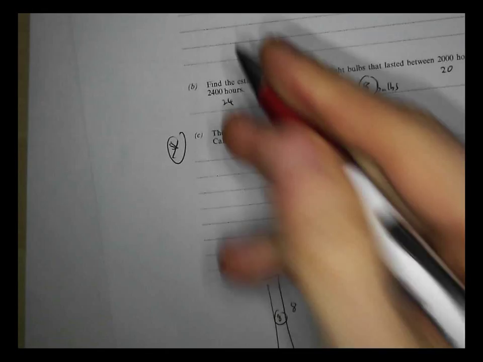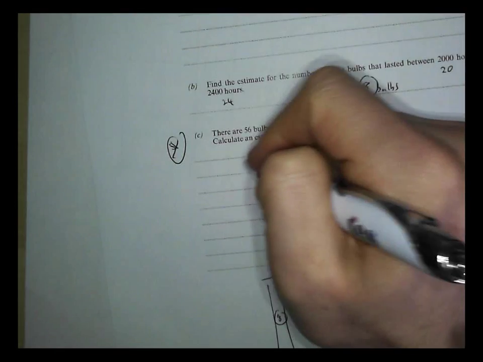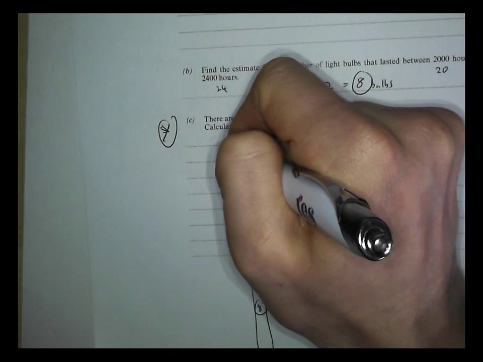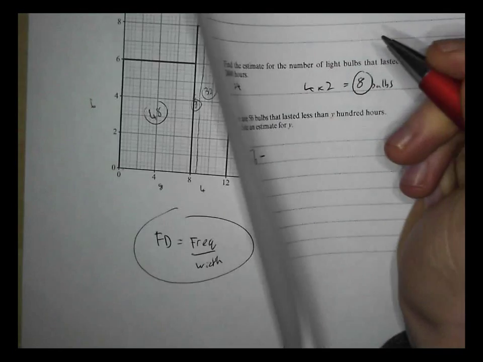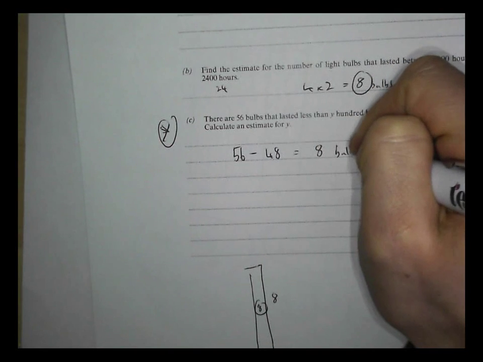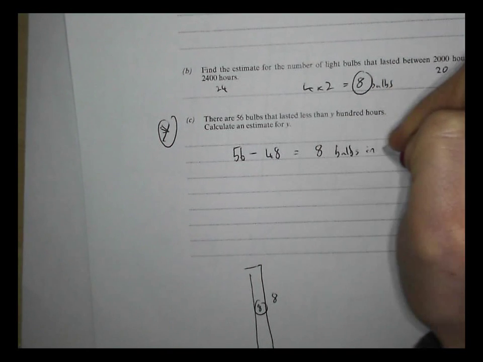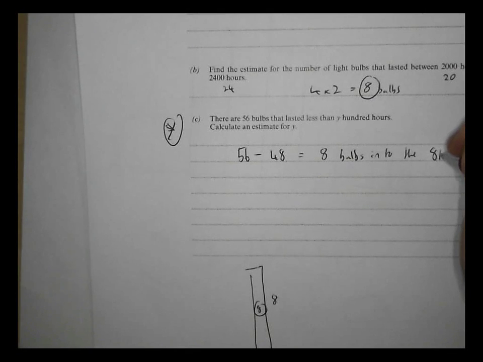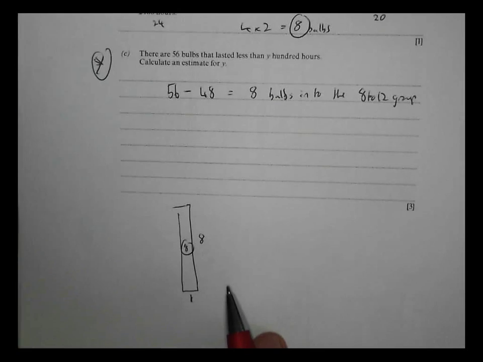So I reckon, with that working out there, and I'm going to just spell it out a little bit, I'm going to say something like 56 bulbs, take off 48 bulbs, equals 8 bulbs into the 8 to 12 group. And then I've got my little working out down there.